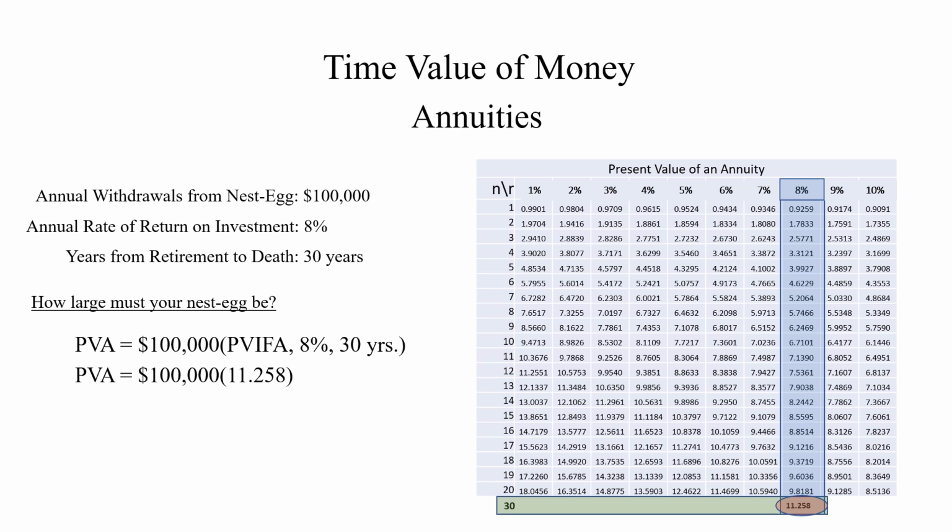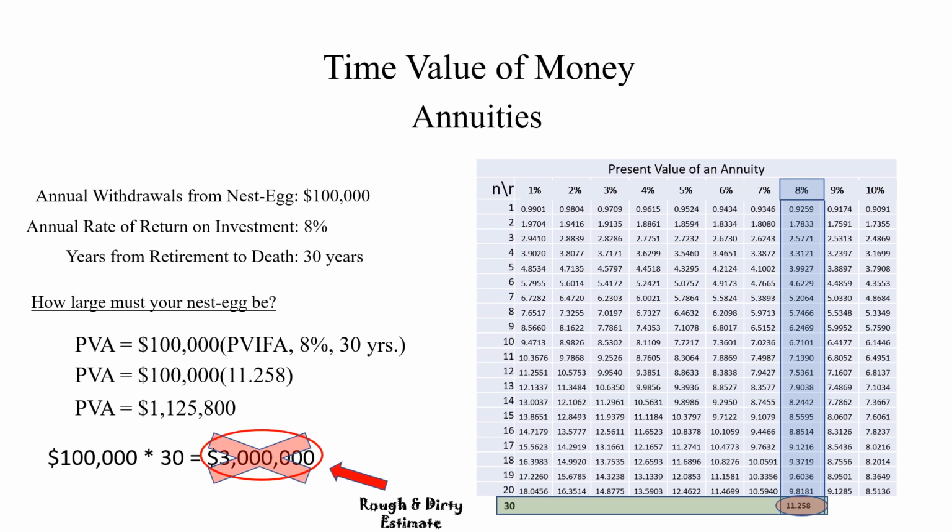The PVIFA for 30 years at 8% is 11.258. So, multiplying the PVIFA by $100,000, we see that if you can get an 8% average annual rate of return on investment, you'll need a nest egg of $1,125,800 to provide you with $100,000 worth of income for 30 years. But you won't be able to leave any of the rest of it to your kids, though. It'll be gone.